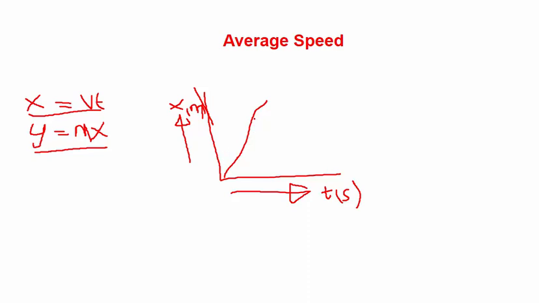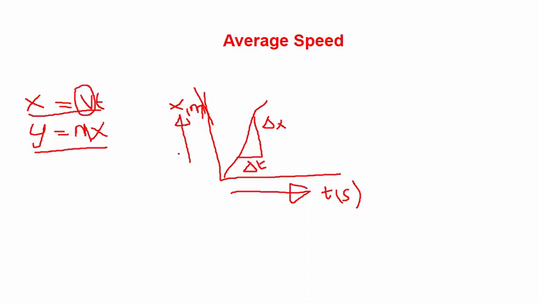And if you measure the slope of that graph, that is delta x divided by delta t, what will that represent? The slope of that graph will be a measure of the average velocity.